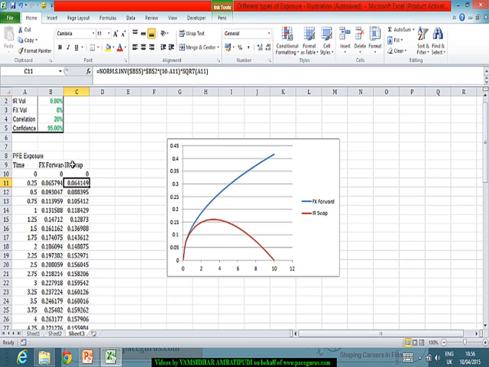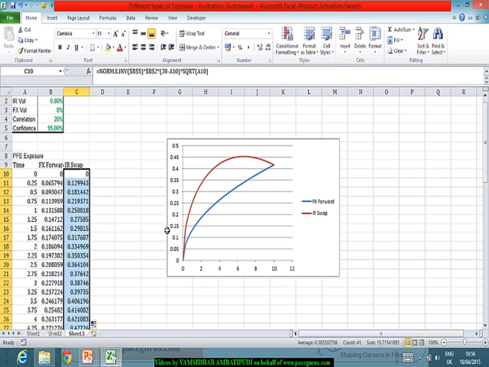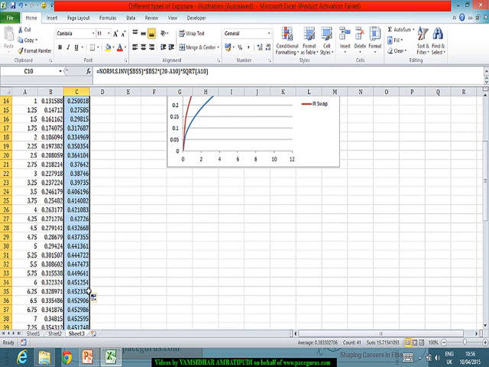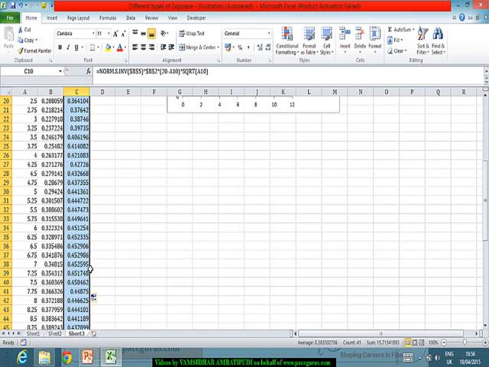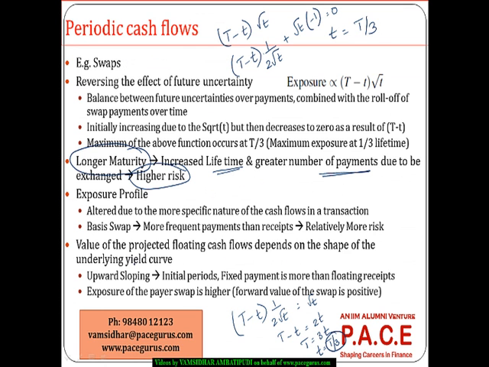Probably in this example itself, instead of 10, I make it 20, I'll get the exposure much higher than 0.16. I'm getting the exposure even to the extent of 0.4, 0.45. So there is an exposure which is much higher than in the earlier case. So the maturity is longer, the lifetime is higher, more number of payments coming up, resulting in a higher risk.